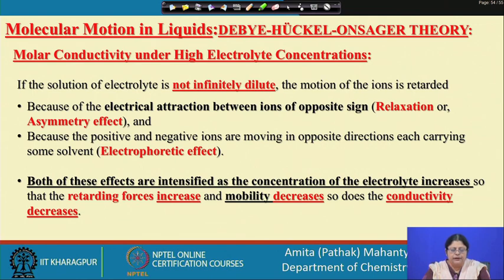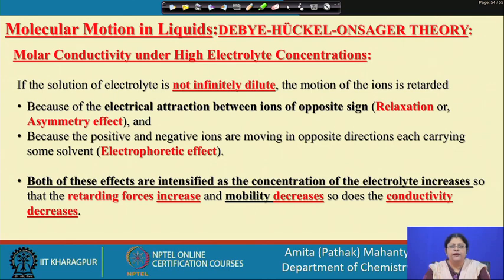So the electrical attraction between opposite ions comes into play. Each ion is associated with its ionic atmosphere, and the charges themselves will also have solvent molecules tagged along with them.